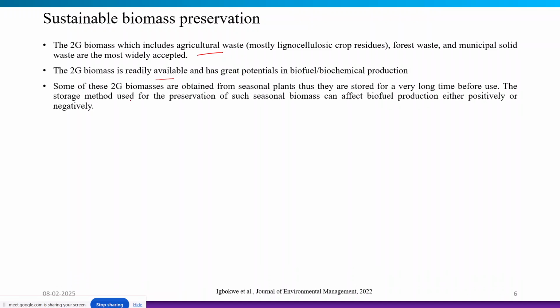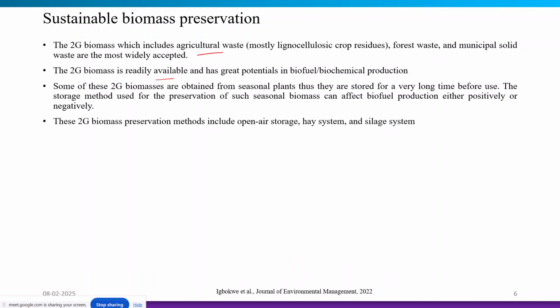Some of these second generation biomasses are obtained from seasonal plants, thus they are stored for a very long time before use in the biorefinery. Thus the storage method used for the preservation of such seasonal biomass can affect biofuel production either in a positive way or in a negative way.